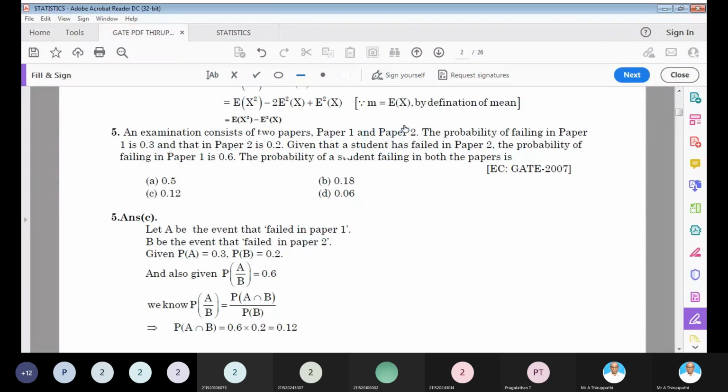Given that the student has failed in paper 2, which has already happened, it is a conditional probability. The probability of failing in paper 1 is P of A given B, which is equal to 0.6. P of A.